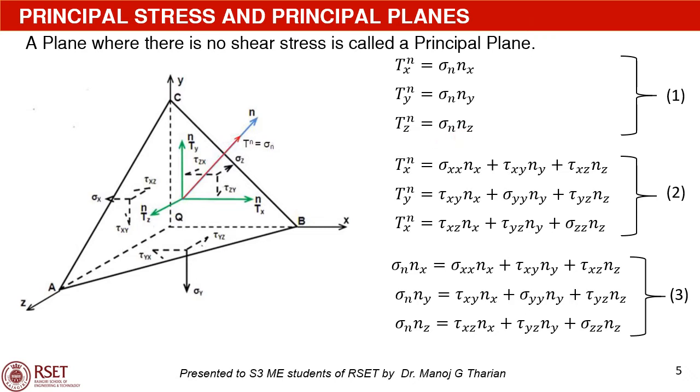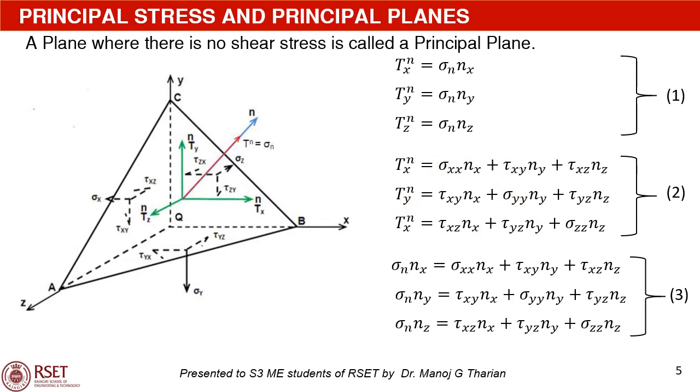We have already seen that the stress components Txn, Tyn, and Tzn can be written in terms of the 6 independent stress components at Q as in the set of equations 2, that is the Cauchy stress formula given here.